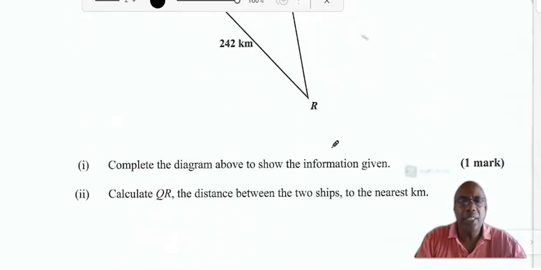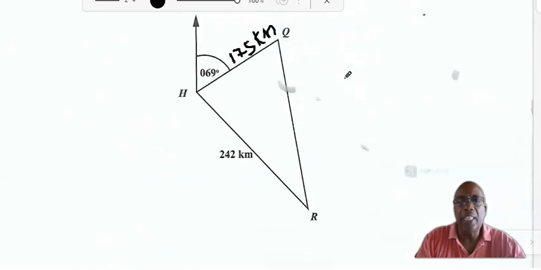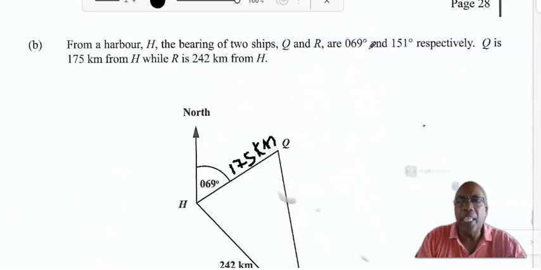So the first question said to complete the diagram above to show the information given. Now you have already put in the 175 kilometers. So now we have to put in the 151 degrees since the 069 degrees is given already. Now remember, bearings show direction, and the reference point for all directions is the north direction.